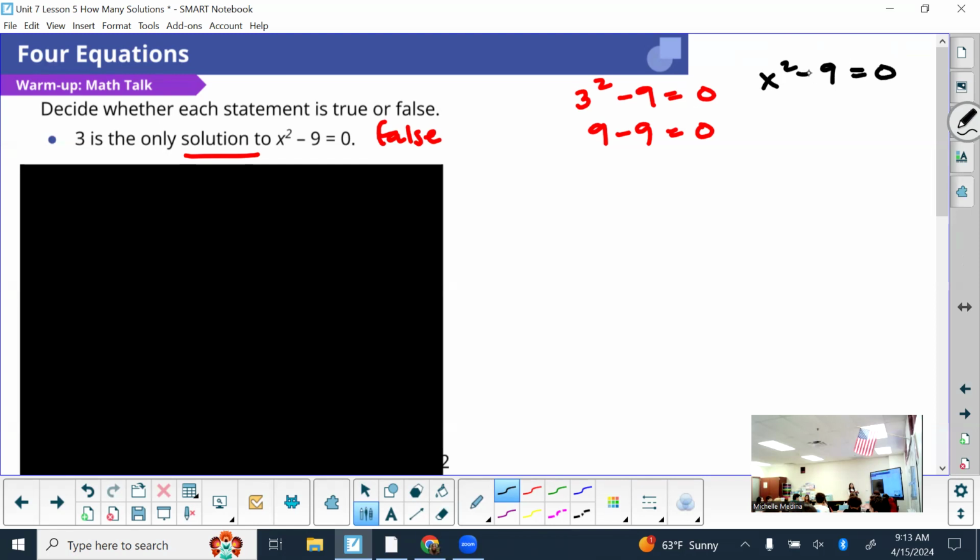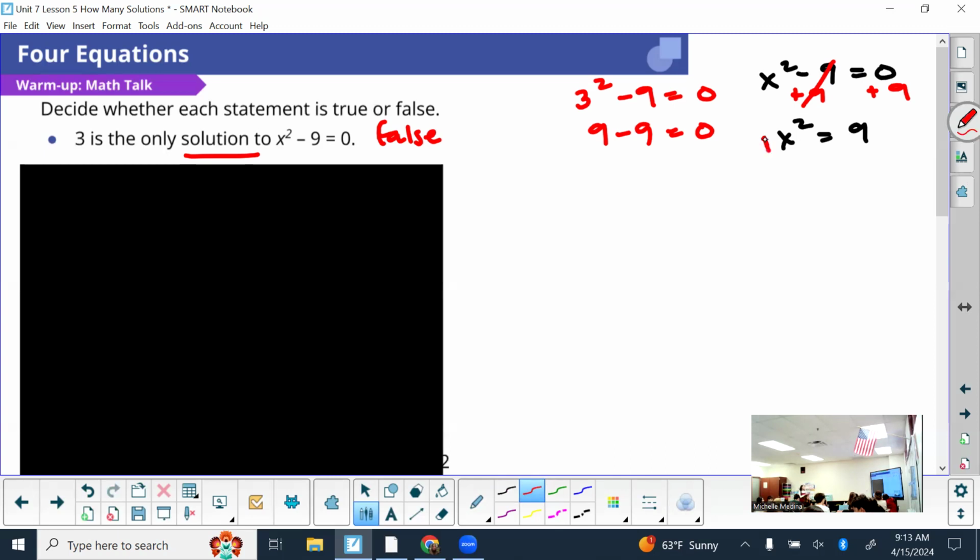Always start with what's farther, so that would be the 9. How would I cancel a minus 9? Add 9. Whatever you do on one side of the equal sign, do on the other. So I get x squared equals 0 plus 9, which is 9. The opposite of squaring something is square rooting.